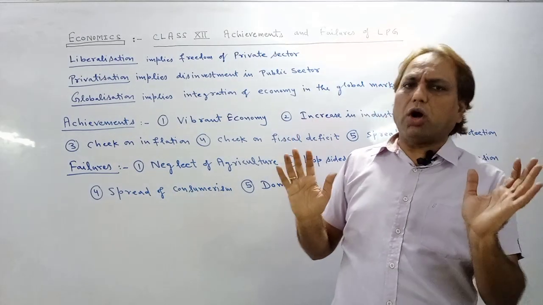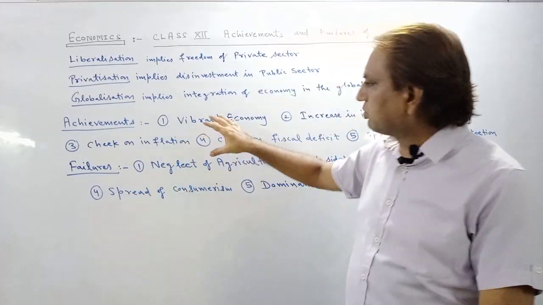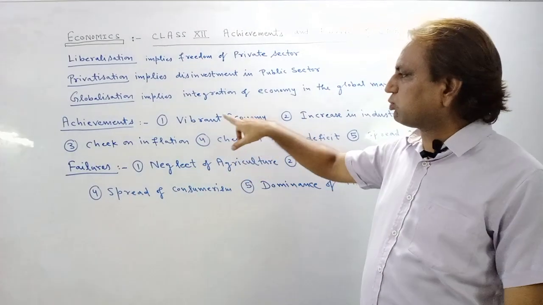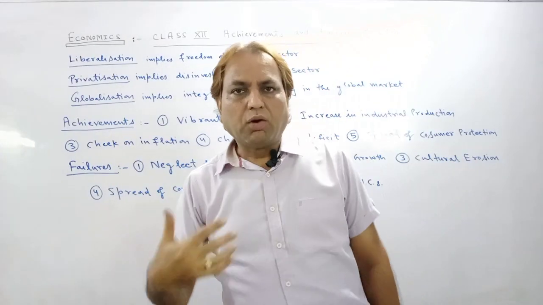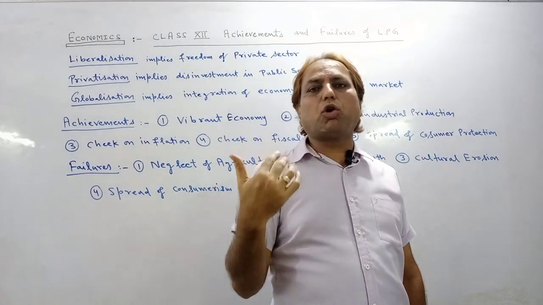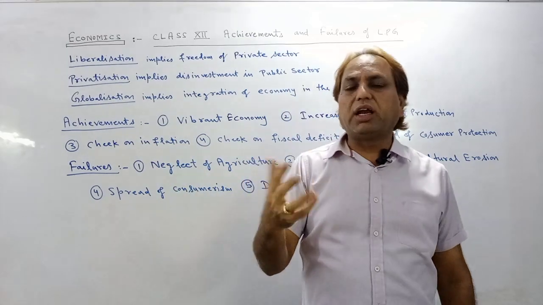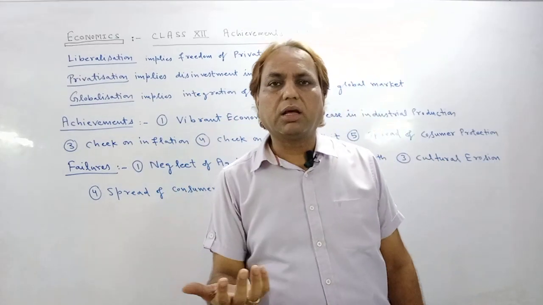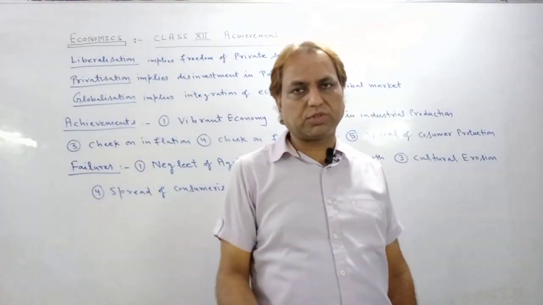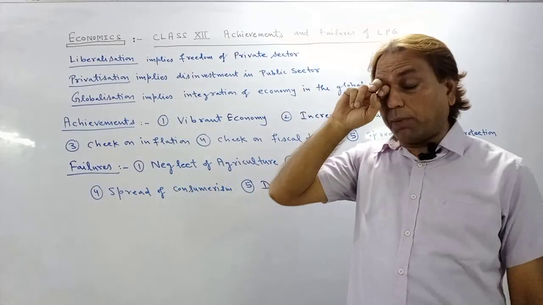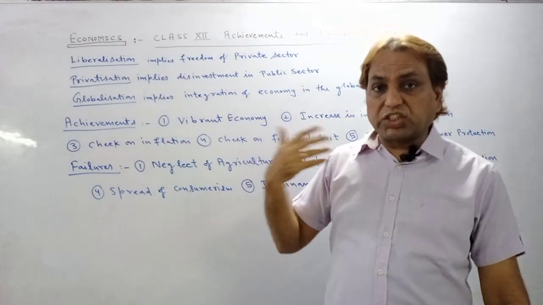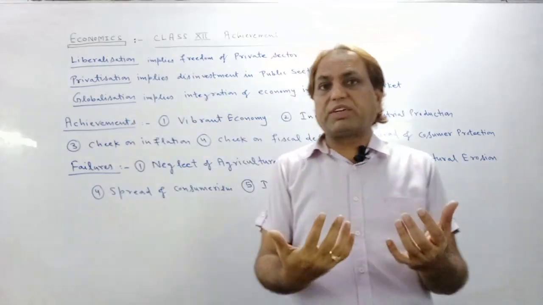We achieved a lot. I would use these points to explain. The first point is vibrant economy. Vibrant economy means our economy was not that vibrant. It was not developing properly before economic reforms. Okay, so when we adopted liberalization, we gave freedom to the private sector.